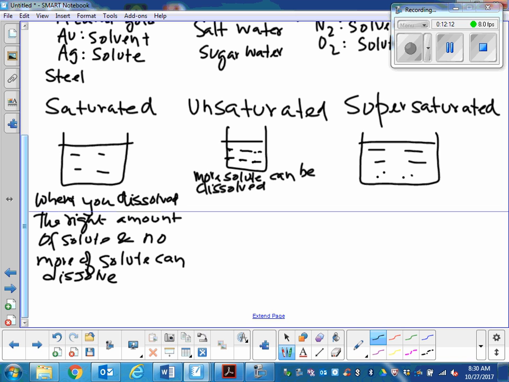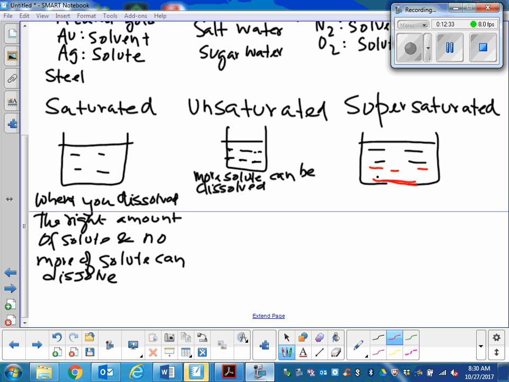It becomes heterogeneous. Is that right? It's no longer a solution. It should be homogeneous. Therefore, a supersaturated solution cannot have any salt particles sitting in the bottom. Yet it is a supersaturated solution. Is that right? Yet it is a supersaturated.